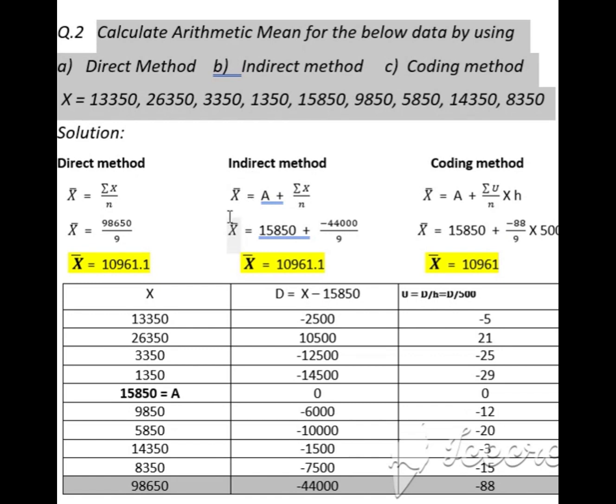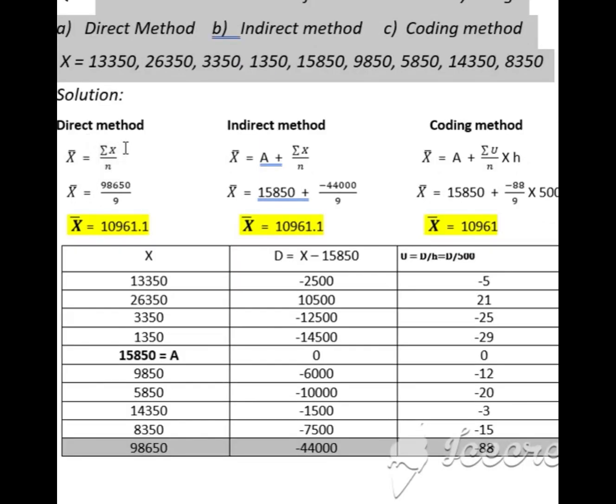To make the numbers smaller, you can use either the indirect method, the coding method, or both of them, depending on the question.